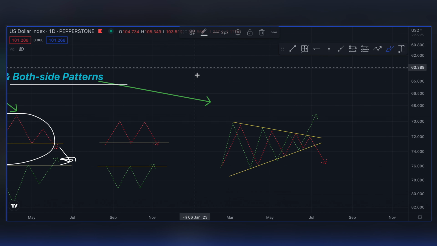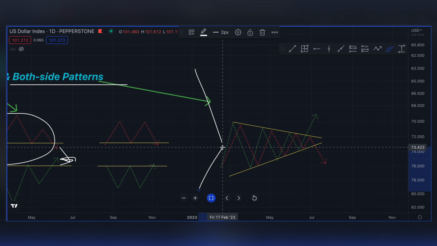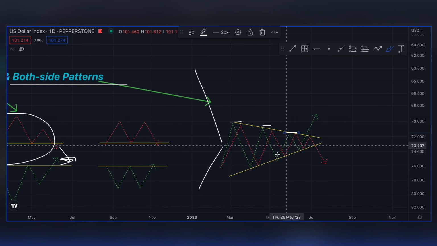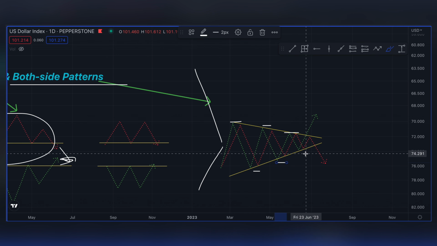You can have a previous downtrend or previous uptrend before the formation of this pattern, but what do you see next? You see that every high is getting lower and every low is getting higher. There is no trend, it's a pure consolidation. And what's going on after that?